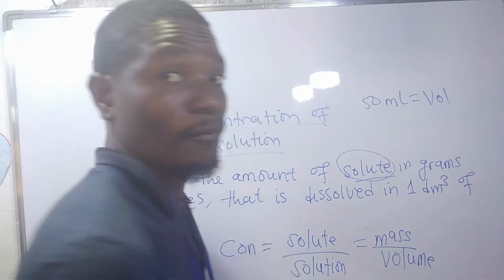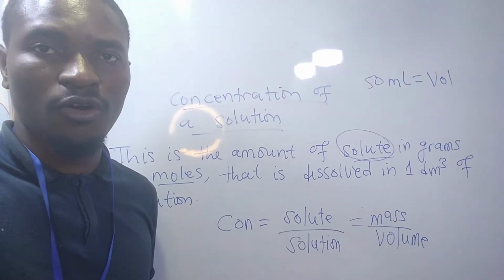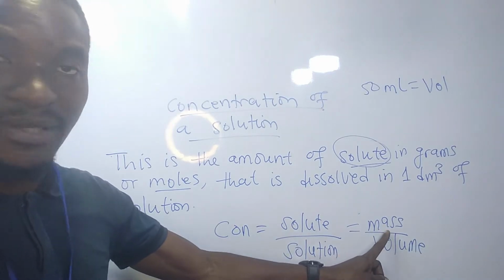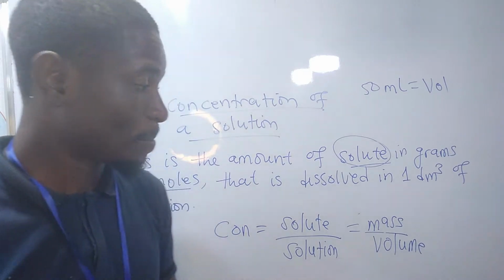That's how you can understand the formula. So solute over solution, which is the mass over the volume.